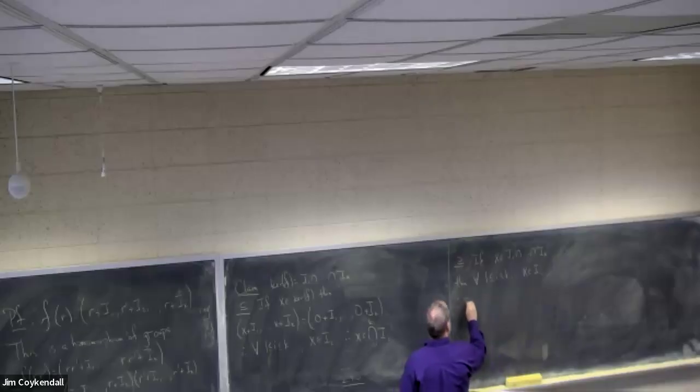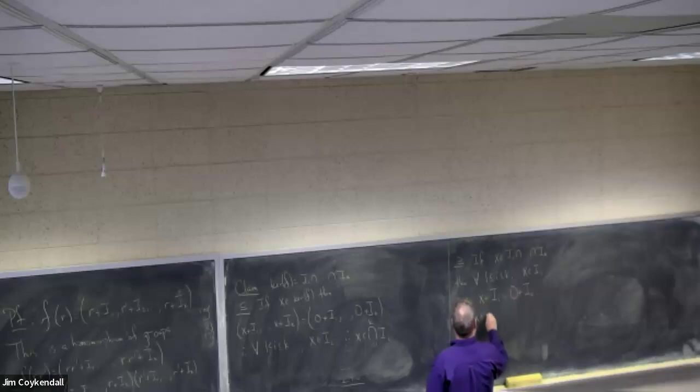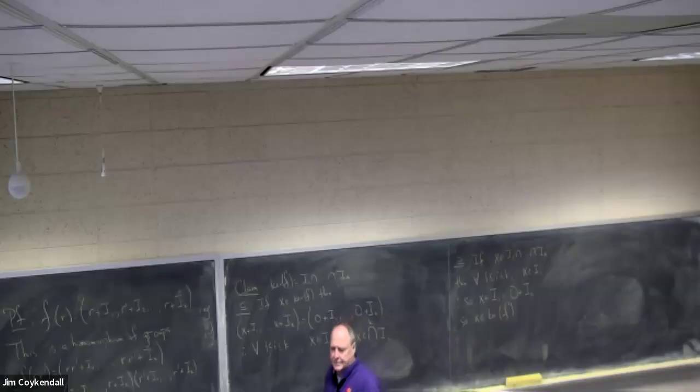So X plus I_i equals 0 plus I_i. So X is in the kernel of F. So we've got the kernel taken care of.